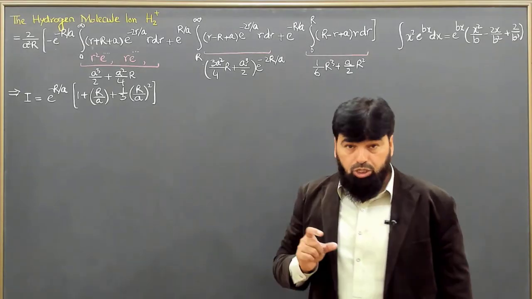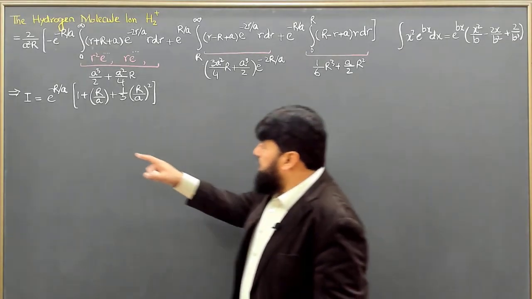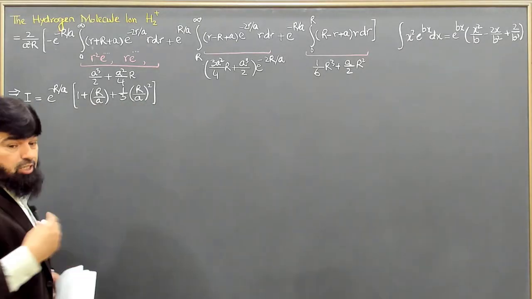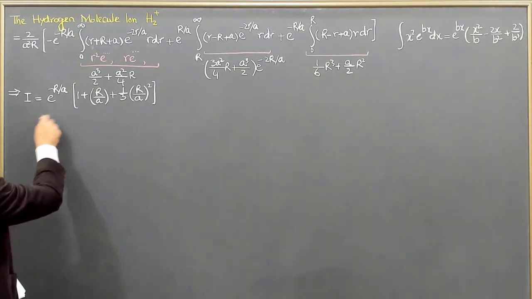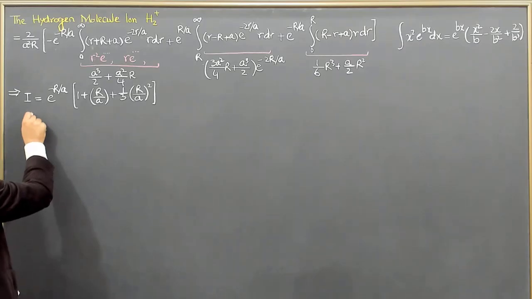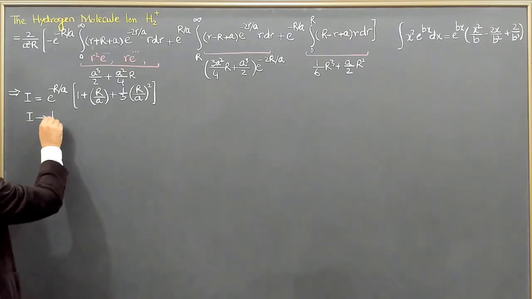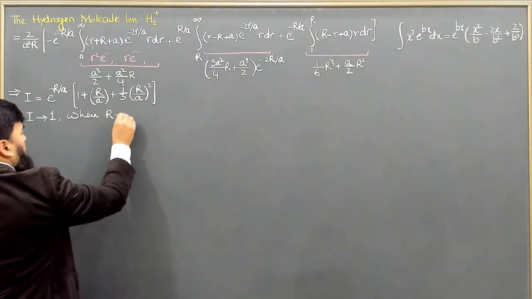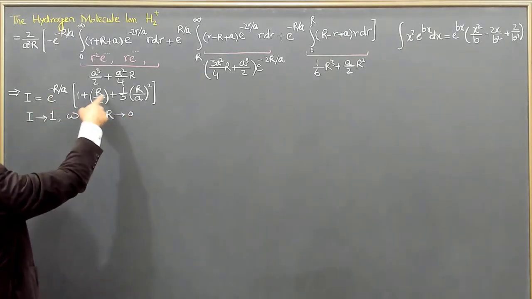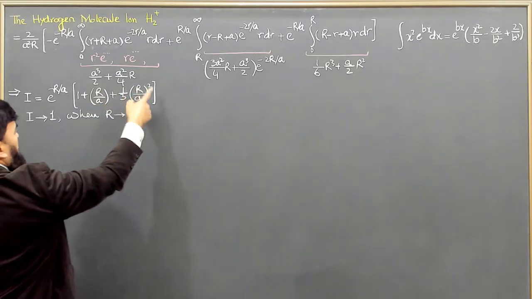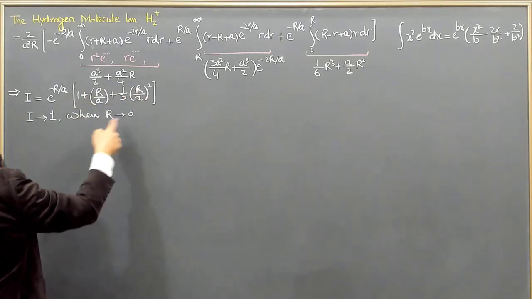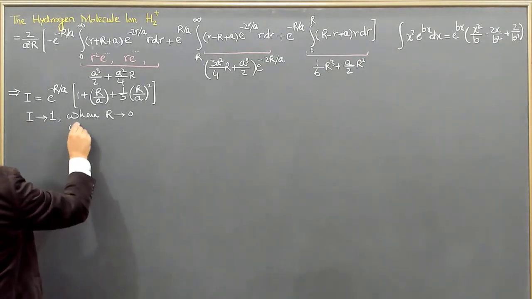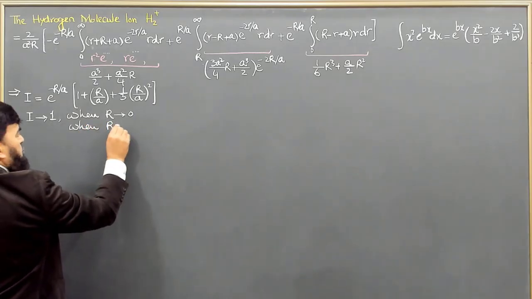Now we got the solution of that integral, and the solution tells us that this overlap integral, meaning the interaction of two wave functions, goes to 1, like I goes to 1 when r goes to 0. Because when r goes to 0, then we have 1 here, we have 0, 0 here, and then it goes to 1 here. And what when r goes to infinity?